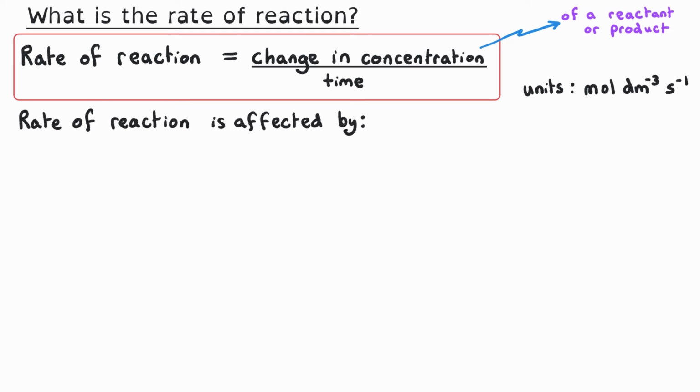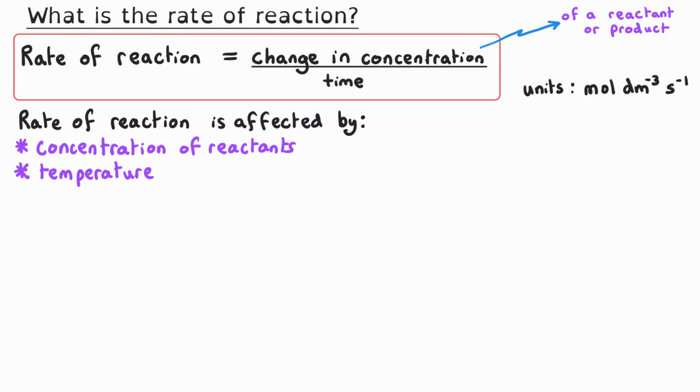The rate of a reaction is affected by a number of things: the concentration of reactants, which will be the main focus of this video, also the temperature of the chemicals at the start of the reaction, the surface area of any solid reactants, or the presence of a catalyst for the reaction.